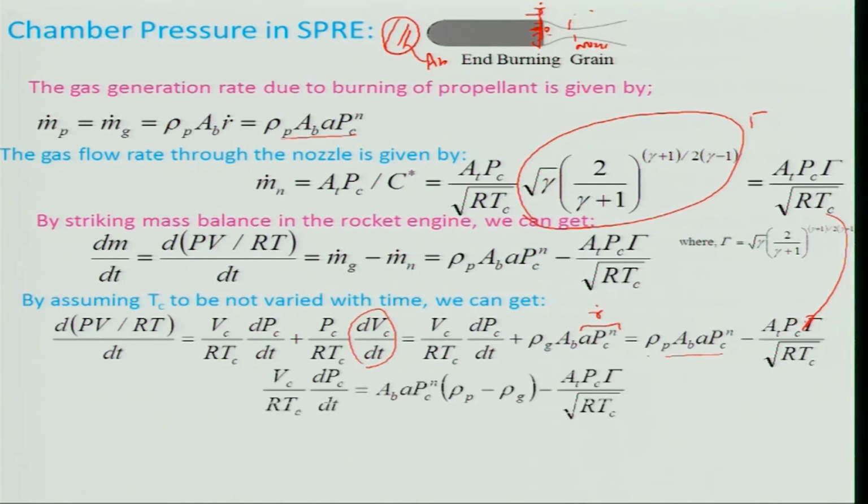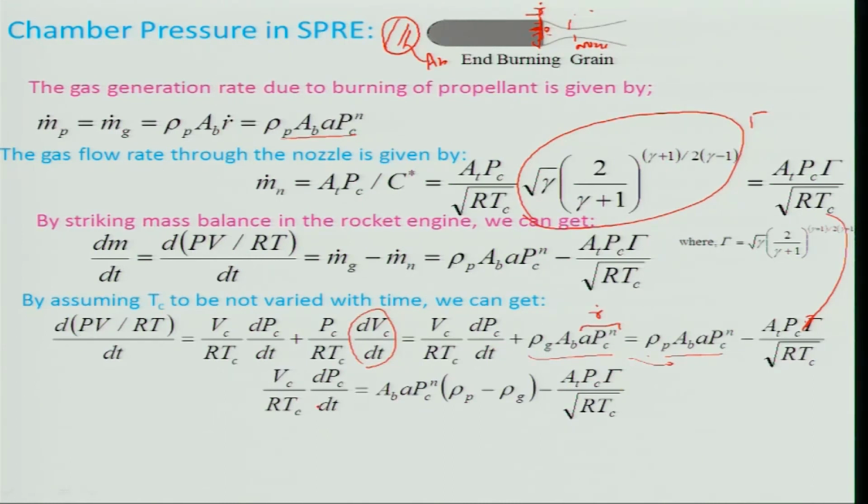If I take this portion over to this side, I will get V_C divided by R T_C dP_C by dt equals A_B a P_C^n, because A_B is common, a P_C^n is common, times (rho_P minus rho_G), minus A_T P_C Gamma divided by root R T_C, right.